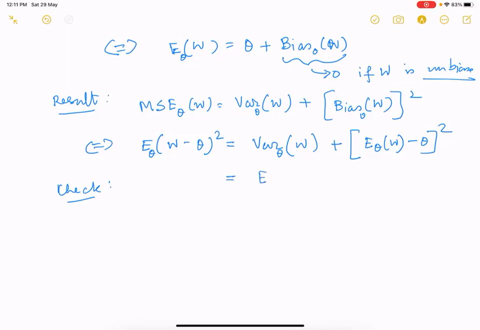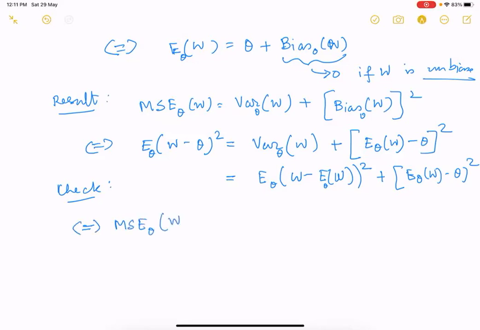So we can check it. We can write the mean square error of W with respect to theta as this.